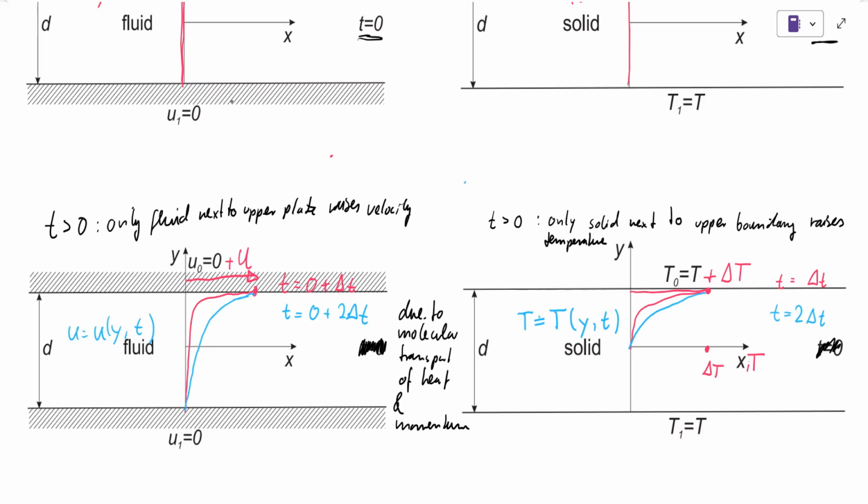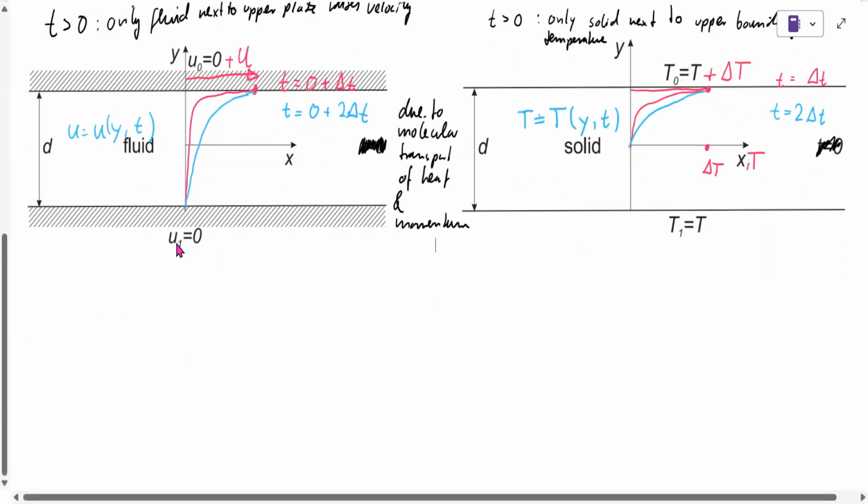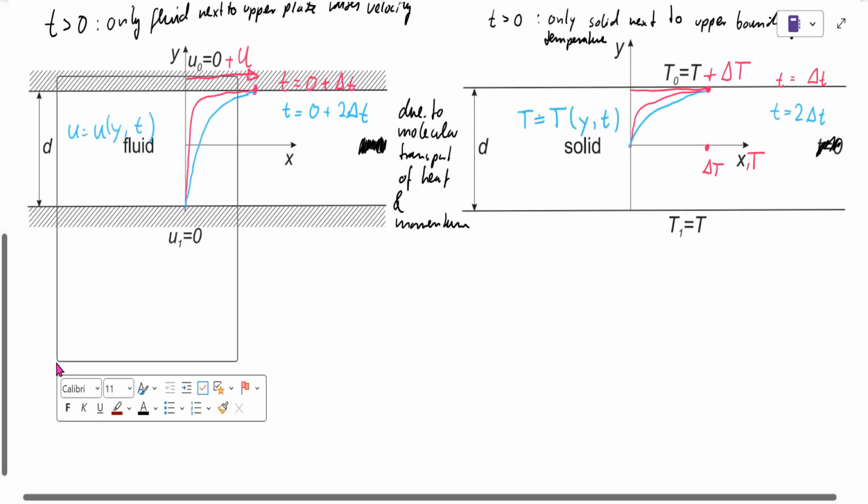The momentum is only transported due to the microscopic or molecular velocity of the molecules, due to the Brownian motion, and this transports step by step the momentum or the heat from the upper boundary towards the lower boundary. So it's not due to convection, it's only due to molecular transport.